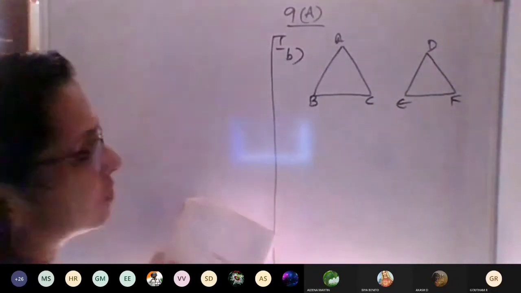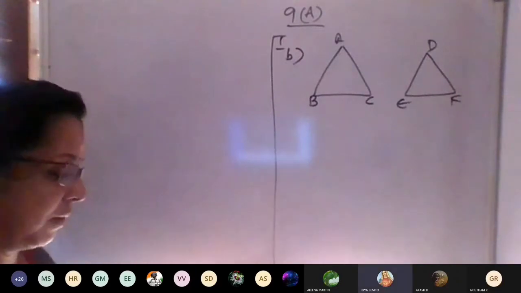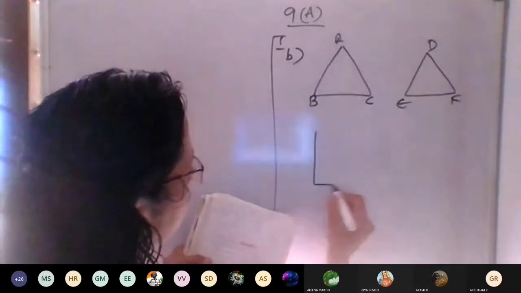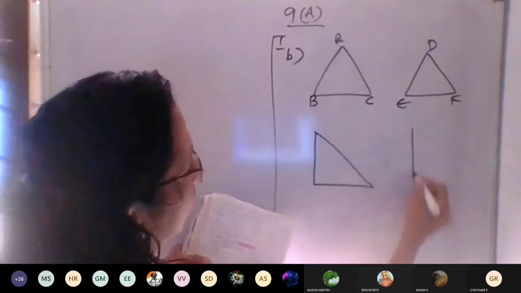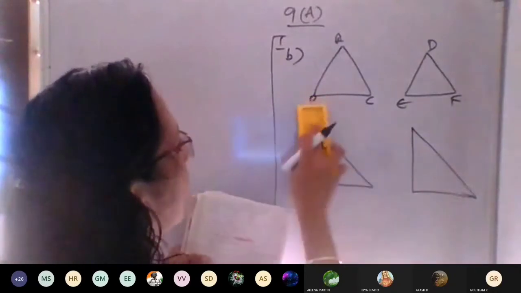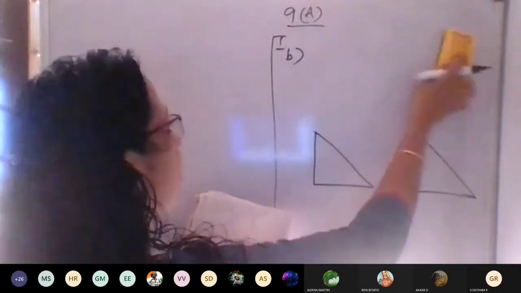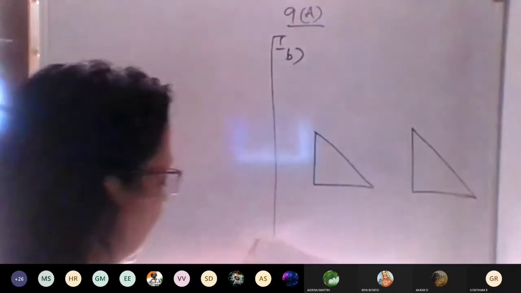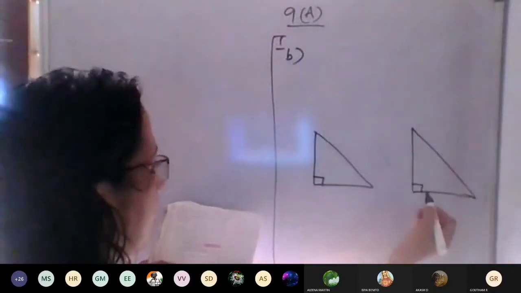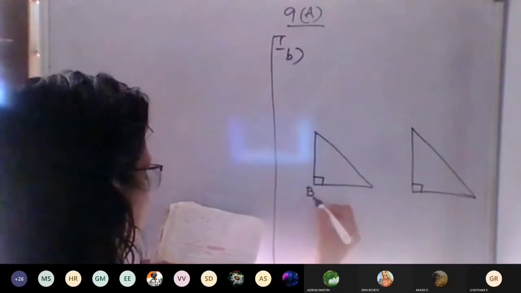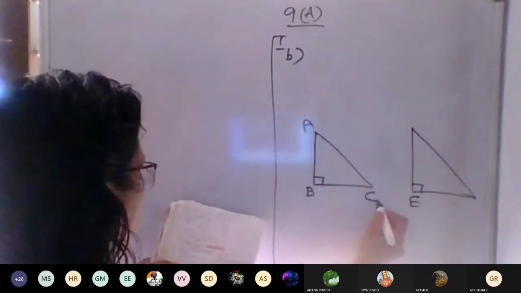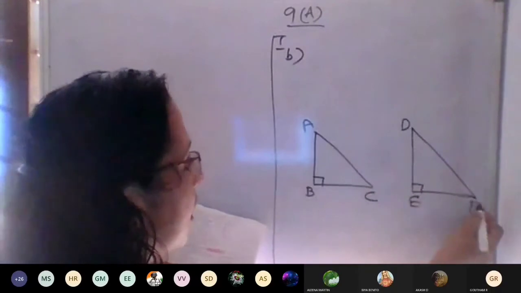So can we draw like this way? No. 90 degree is given, so we have to draw a right angle triangle. Understood? Why are we not drawing like this way? Given ABC, which is 90 degree? Here B and angle E is 90 degree. So here B and here E. So A, B, C and D, E, F.